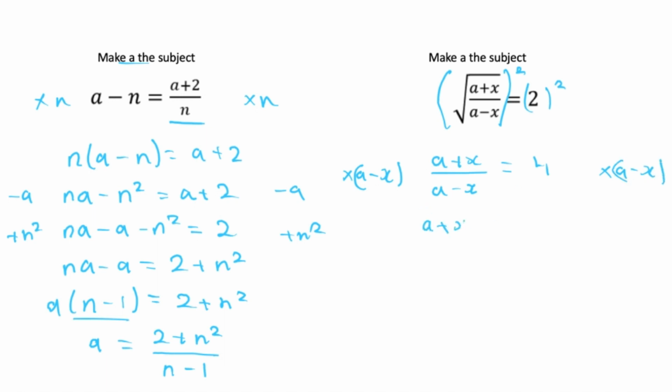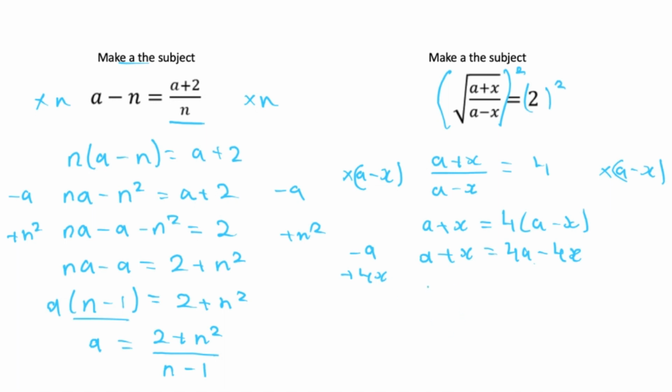So a plus x equals 4 times a minus x. Expand the brackets. A plus x equals 4a minus 4x. And then you put the a's on the same side. Okay, in this case I'm going to put this a on the side with the 4a and minus 4x on this side. So I'll do two steps at the same time, which will be minus a and plus 4x.